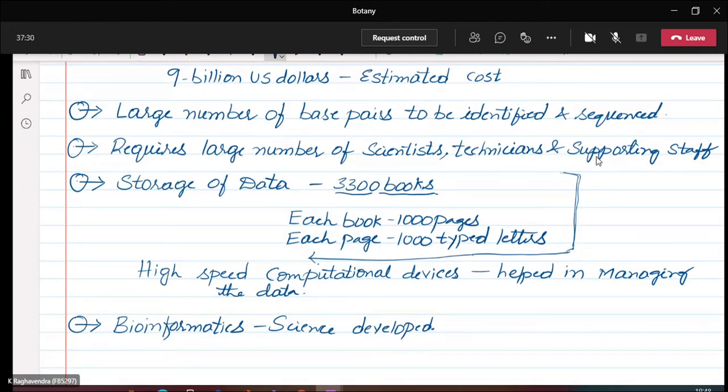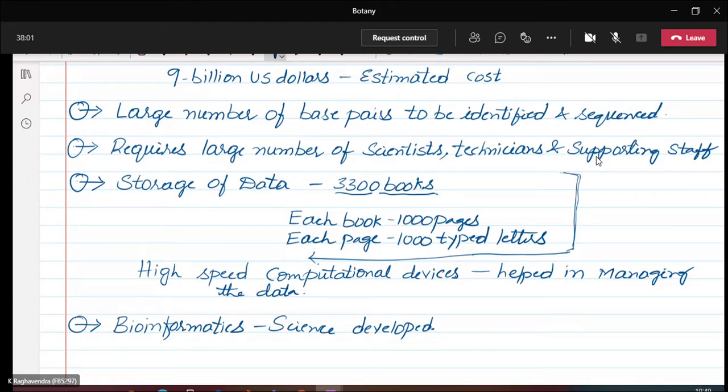Then what is bioinformatics? You might have doubts. Bioinformatics deals with the information of science, managing the data of science, that is human genome. Not only the Human Genome Project, it manages the data of chemistry, mathematics, and molecular biology, and it can retrieve the data, organize the data, and analyze the data by using computational methods.